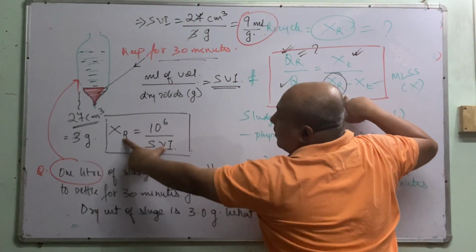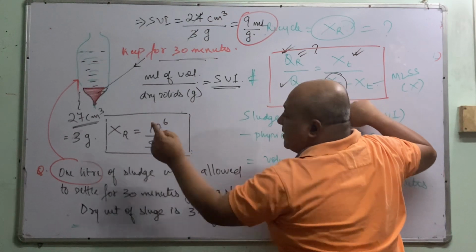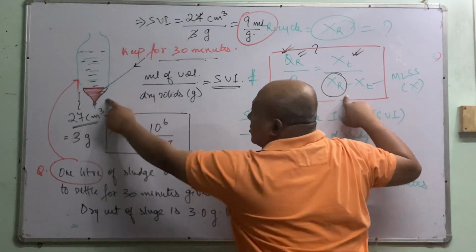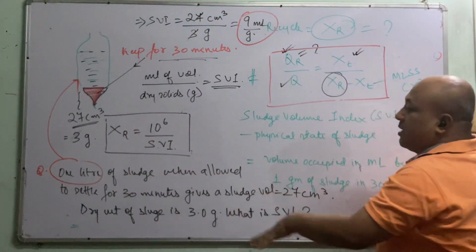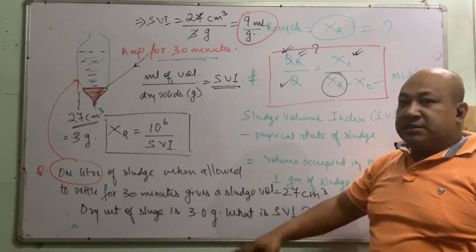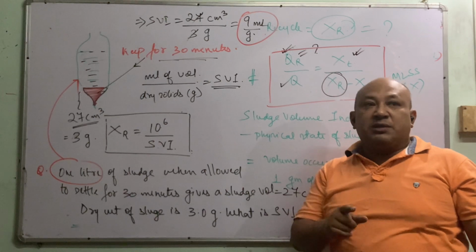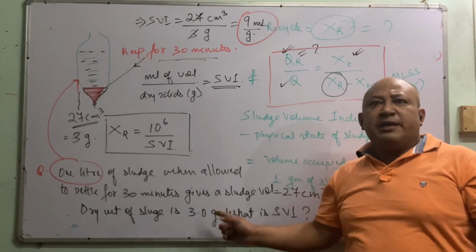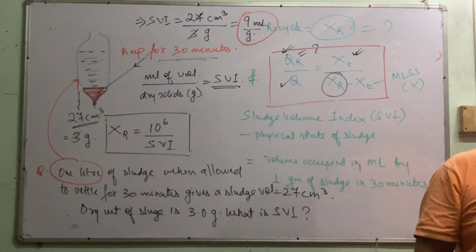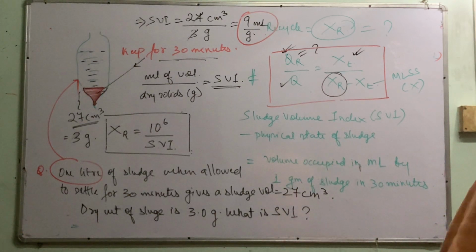It's also correlated with the SVI, the physical strength of the sludge, and how to estimate it. And it is very funny that this question itself was asked for 20 marks in the Manipur Public Service Commission in the year 2019 or 18, I think, in SO exams. So here I'm going to wind up regarding the activated sludge process. Fine. Thank you.